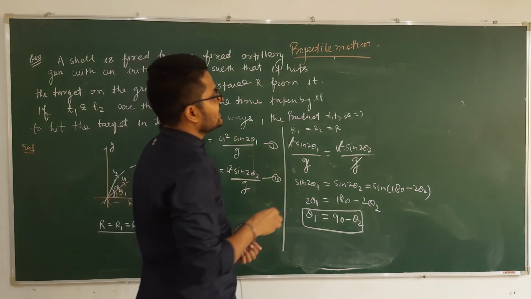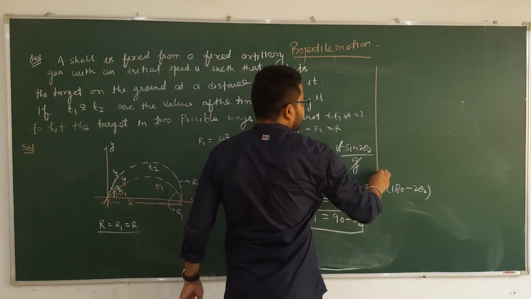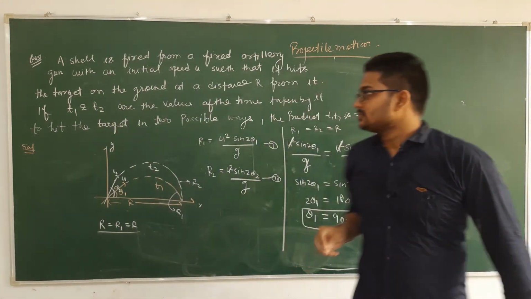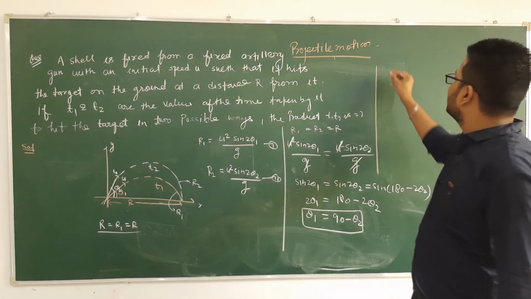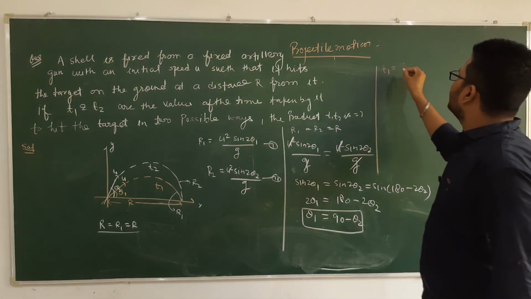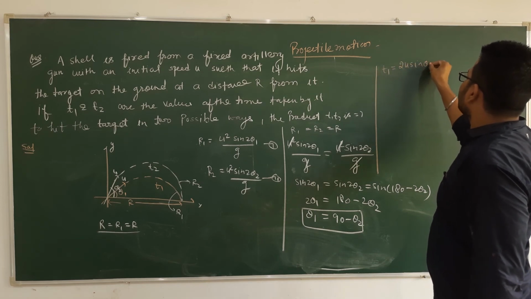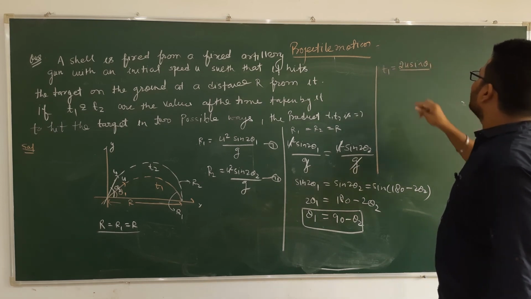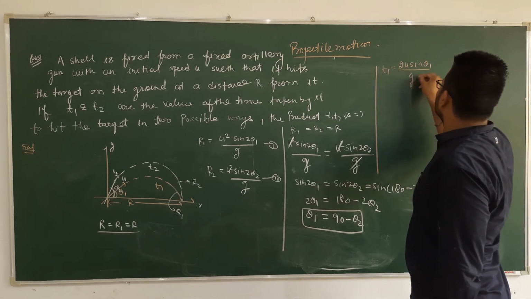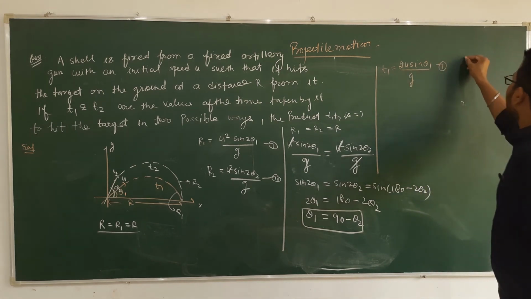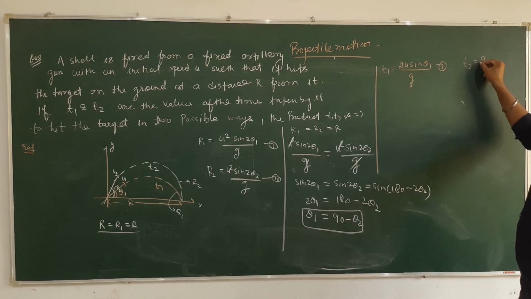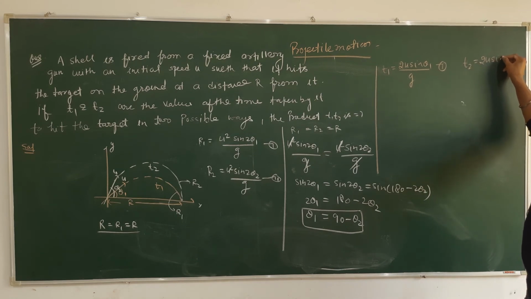Okay, next thing is what will be T1? T1 equal to 2u sine theta 1 upon g. T2 is 2u sine theta 2 upon g.